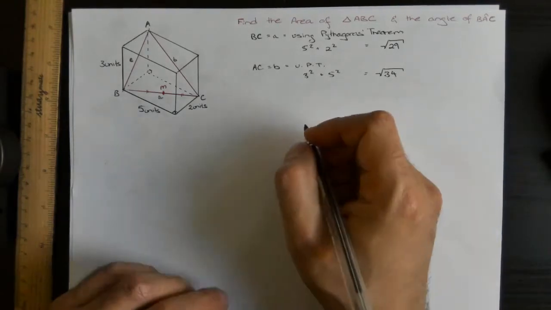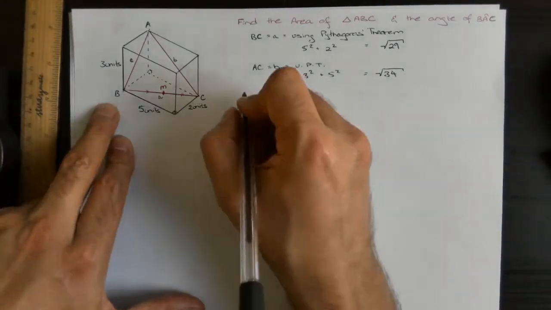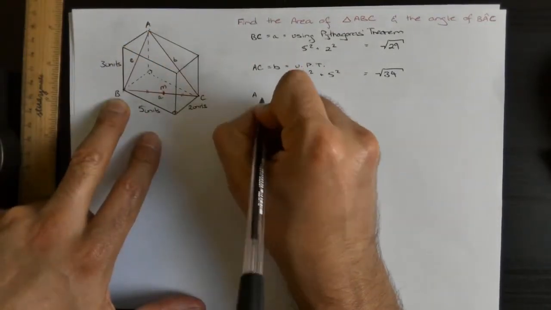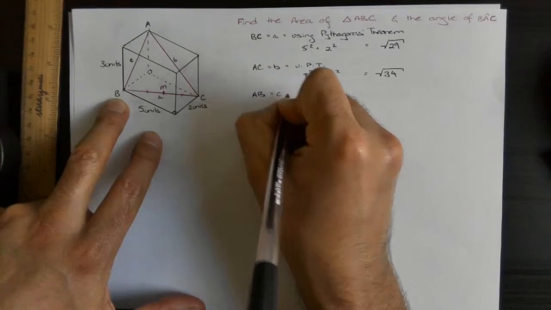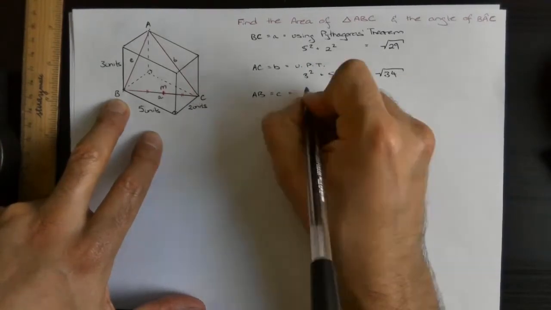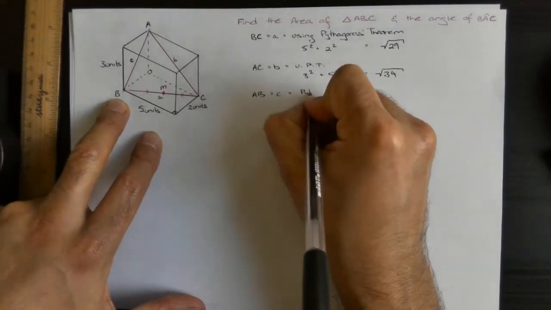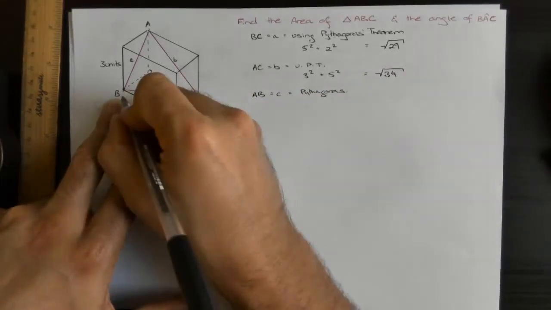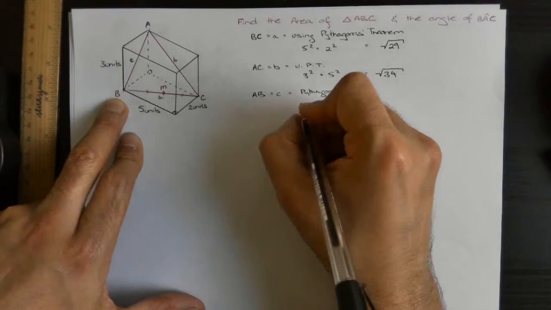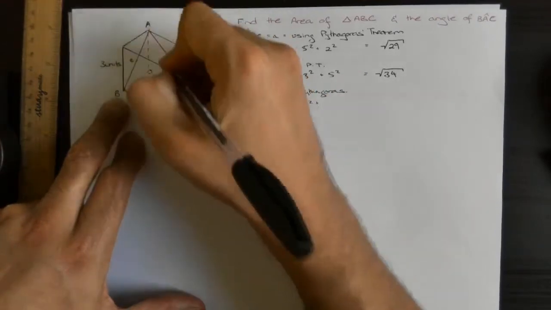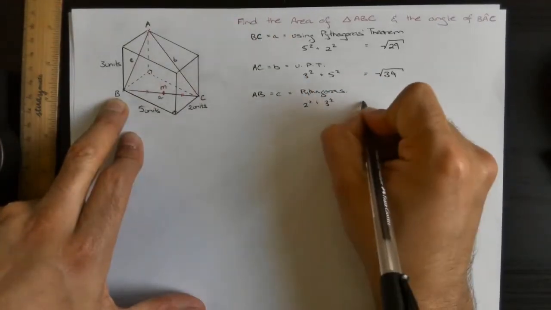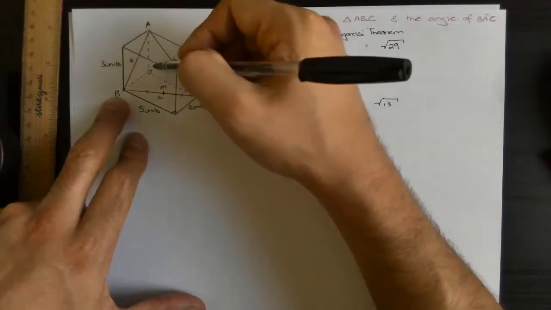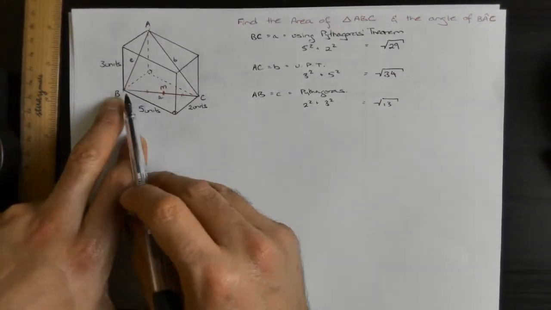And now we're going to calculate AB. Still using Pythagoras, we've got 2 squared plus 3 squared, so 4 plus 9 is 13.